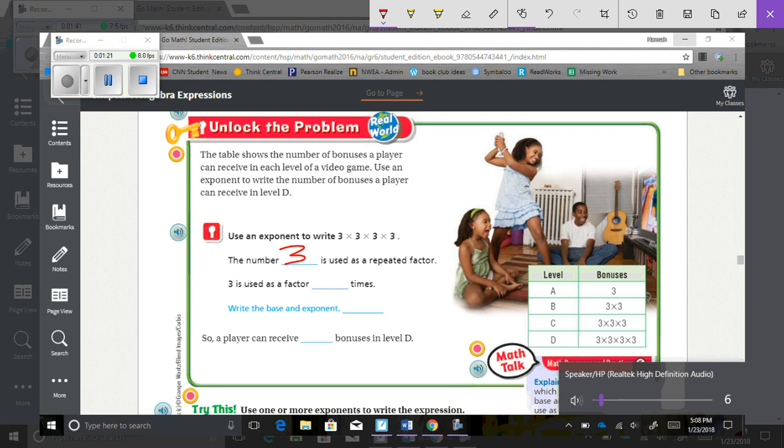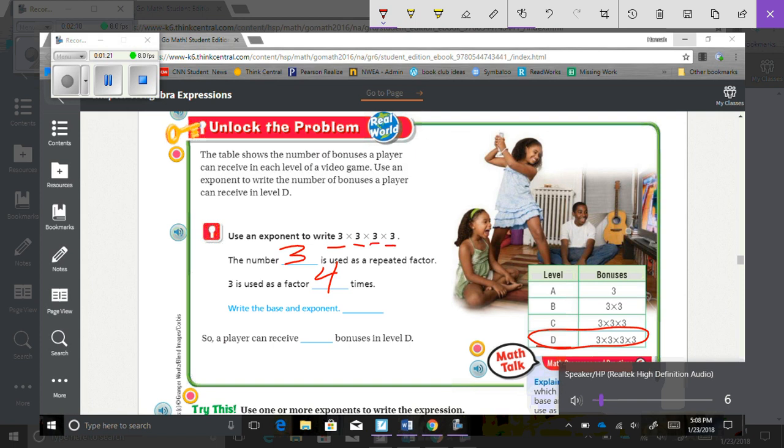The table shows the number of bonuses a player can receive in each level of a video game. Use an exponent to write the number of bonuses a player can receive in level D. Okay, so we're looking down here at D, and that's where we got the 3 times 3 times 3 times 3. The number 3 is used as a repeated factor. 3 is used as a factor 4 different times: 1, 2, 3, 4.